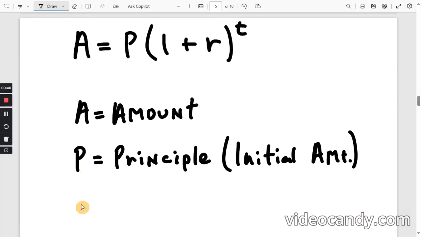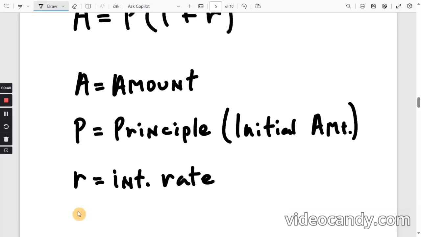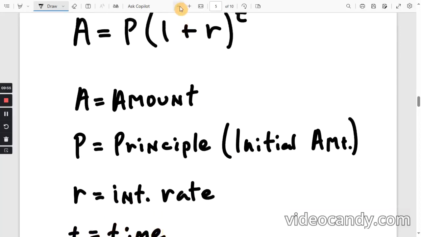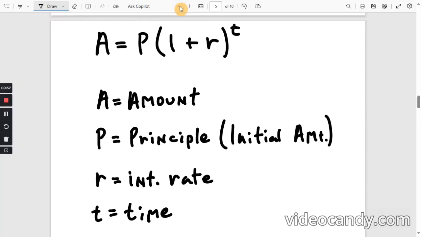R is the interest rate. And T is the time. All right, so that is the formula we'll be using at first for compound interest.